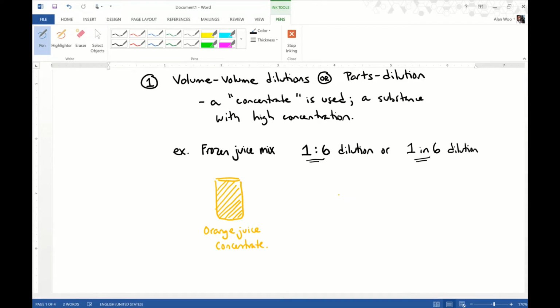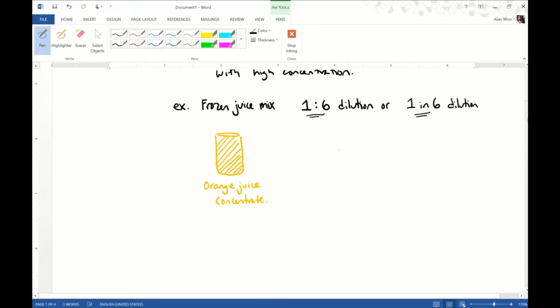I'll explain the process first, and as we go through it, you'll most likely understand what is actually happening. So I have this orange juice concentrate. It's just orange juice that has been intensified, so it's very strong, with a lot of flavor.